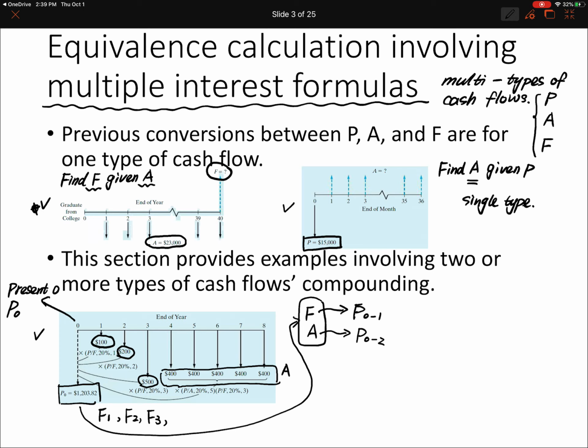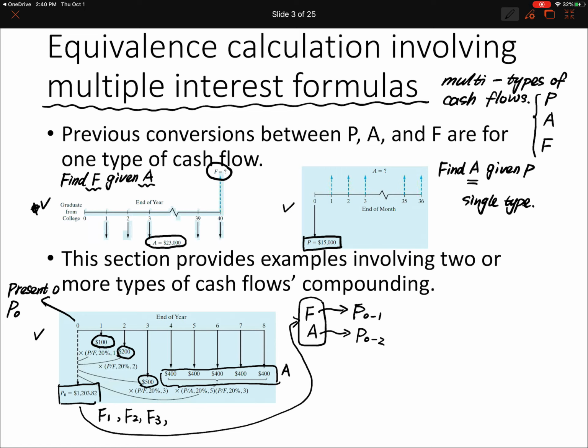The other part is from the annuity values, the 400, beginning from the end of the 4th year and continuing until the end of the 8th year. So this is what I want to talk about.